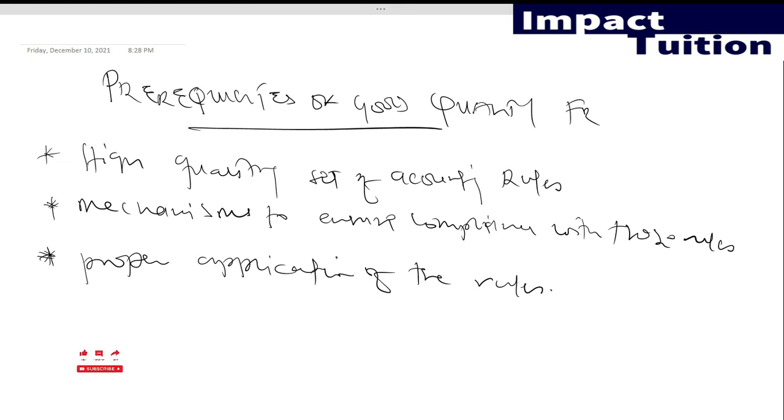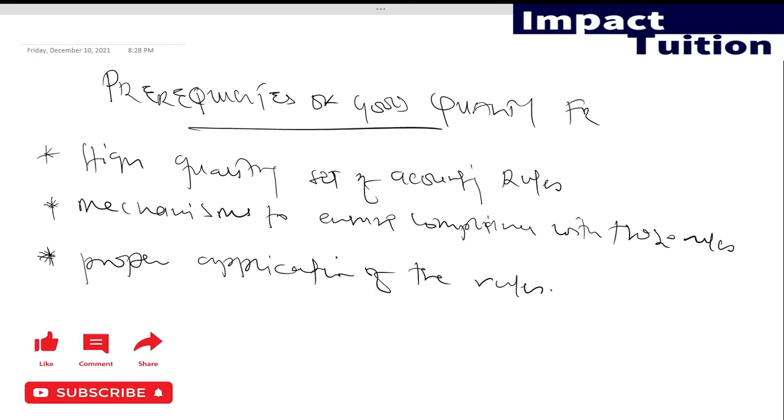So good quality financial reporting benefits the entity or the company and then the economy as well. We will end our discussion with the IFAC Code of Ethics.